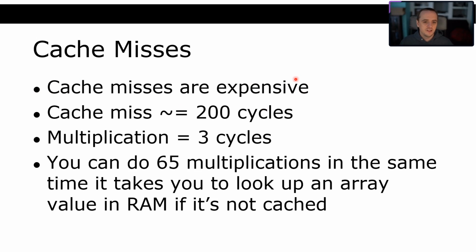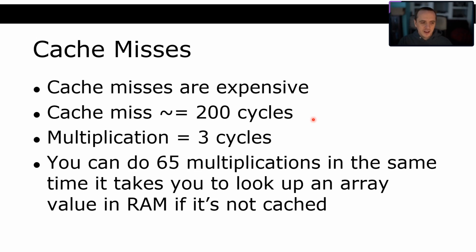So here's just an example for you. If we look up, say, an integer in an array, and that's not in the cache, looking up the value takes 200 clock cycles on your CPU, or 200 CPU cycles, okay? That's approximate. Multiplication takes 3 cycles.